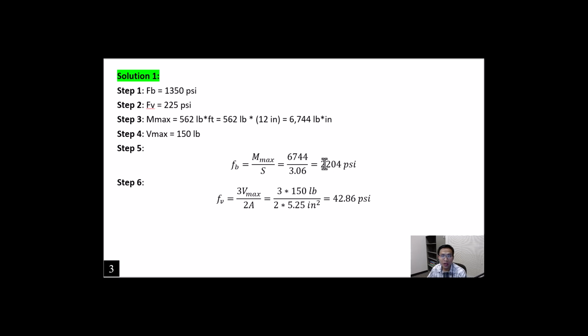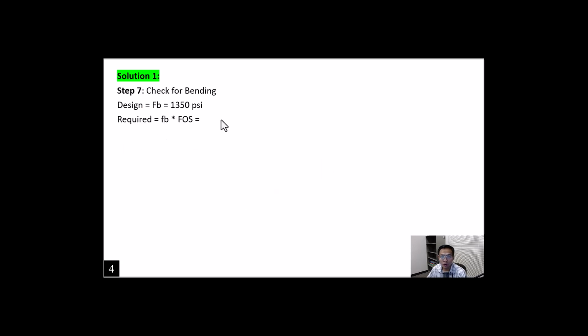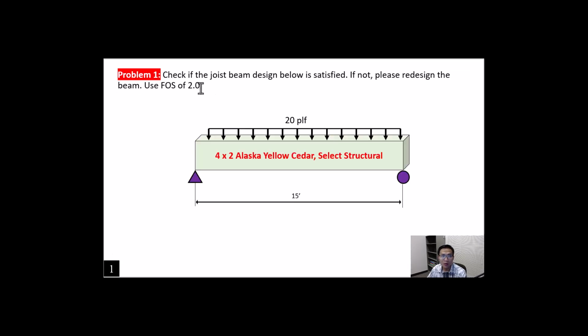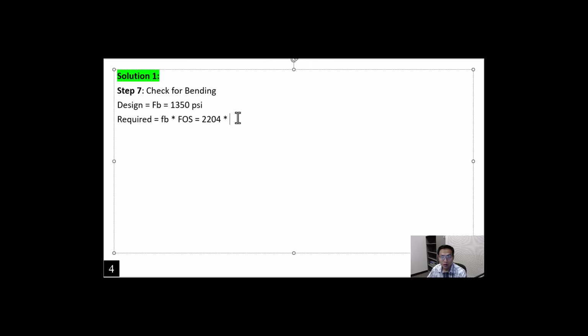Small fb we have 2204 multiplied by the FOS in the problem here, which is 2.0. That will equal to 4408 psi. So yeah, as you can see, the design is smaller than required.